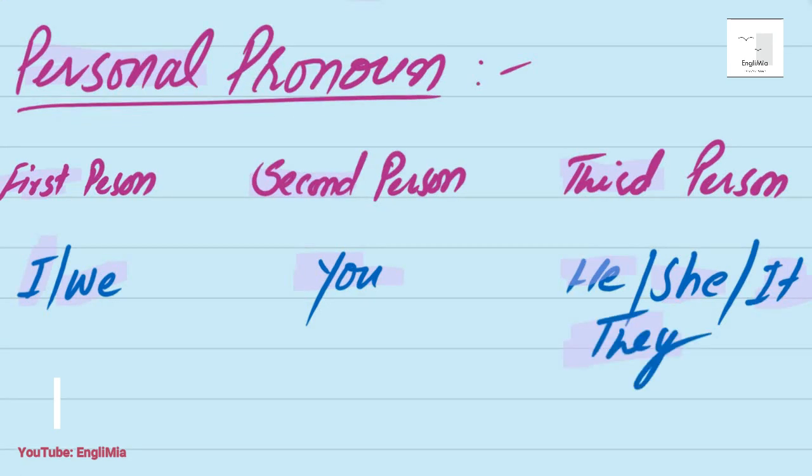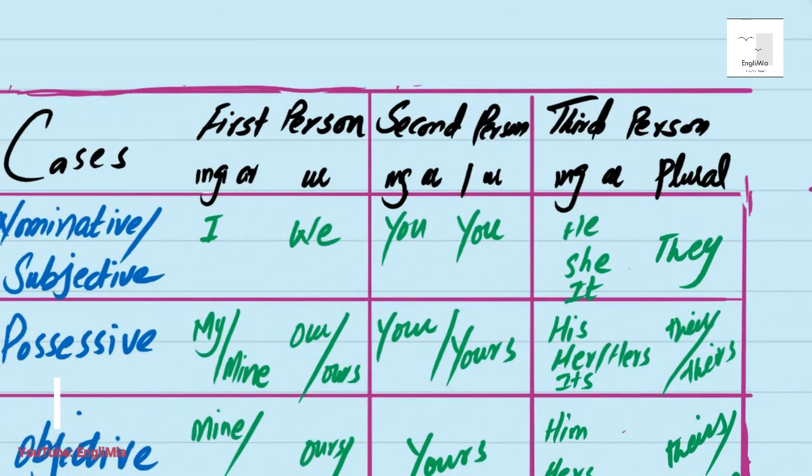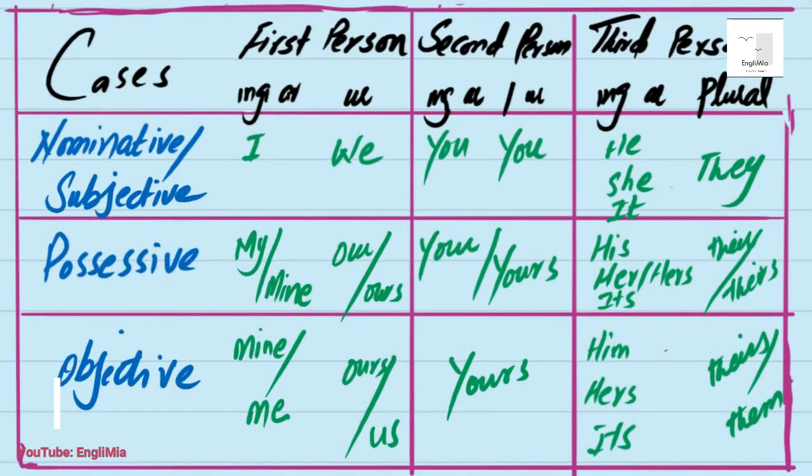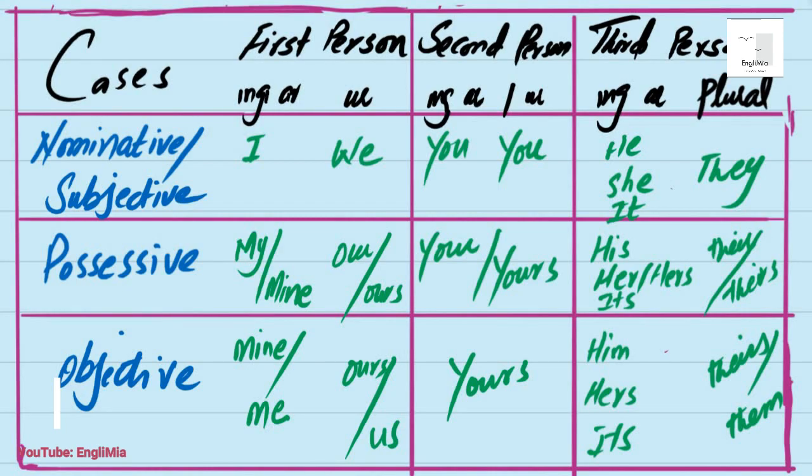Well, in order to understand what are these pronouns, I mean the personal pronoun and possessive pronoun, I'm going to let you see a chart so you could easily understand.